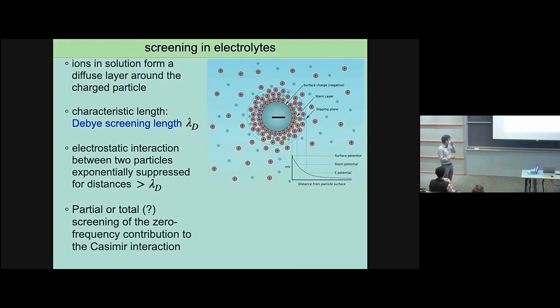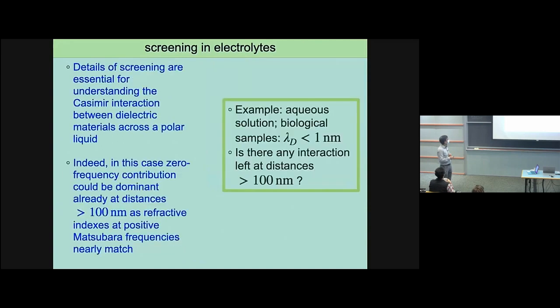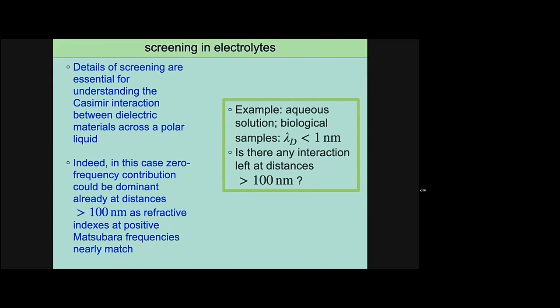And this question is very important because if I have dielectric materials in, say, a water solution, which is the most important example, of course, also because of the possible biological applications, then this zero frequency contribution, that purely thermal contribution, is dominant at very short distances already, 100 nanometers.